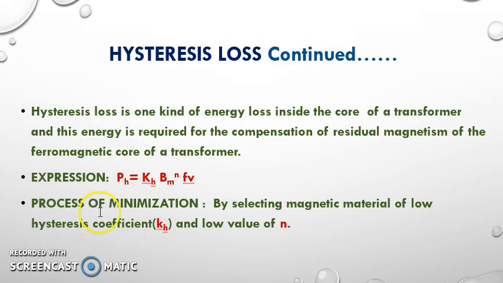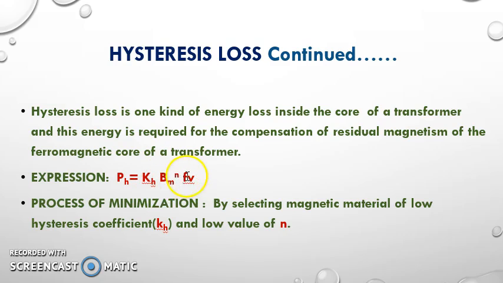So now move on to the process of minimization of this loss. As I have already told you, this Bm and F are actually dependent on the supply voltage magnitude and frequency, and that has been taken as constants, and V is also a constant. So we can only change KH and n.